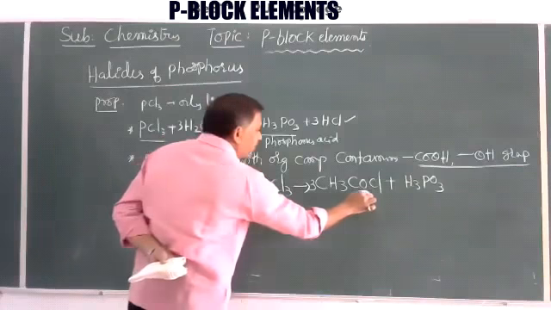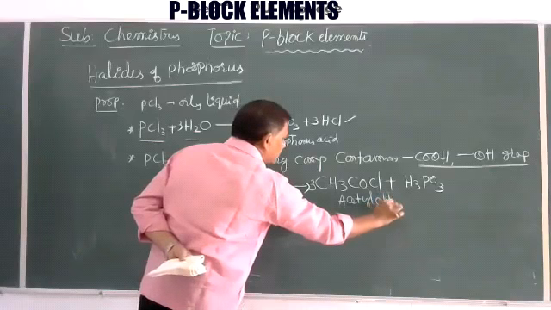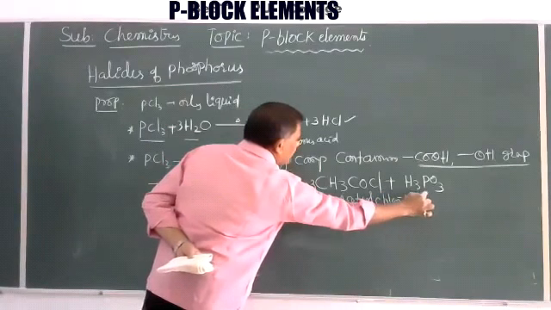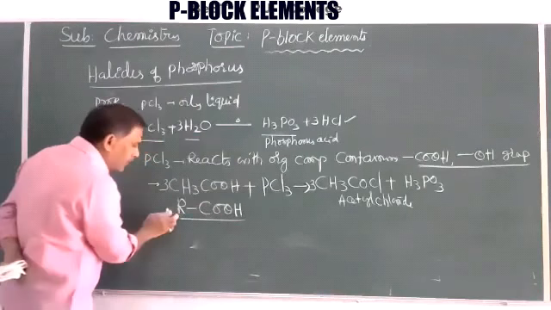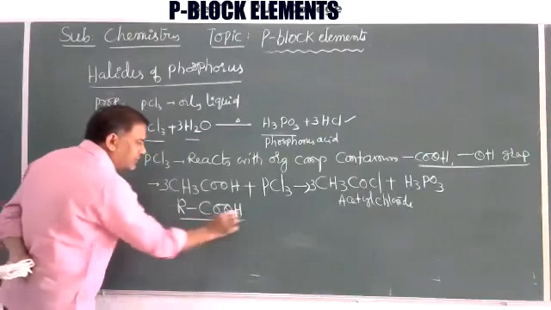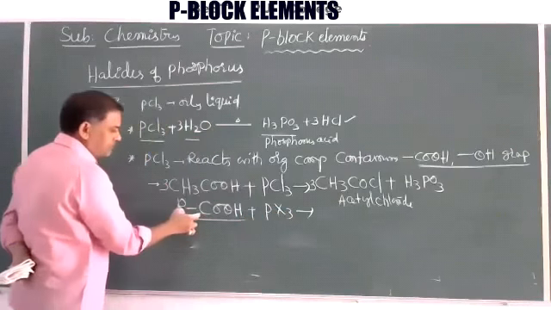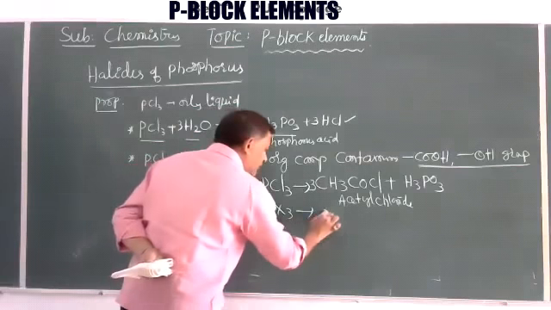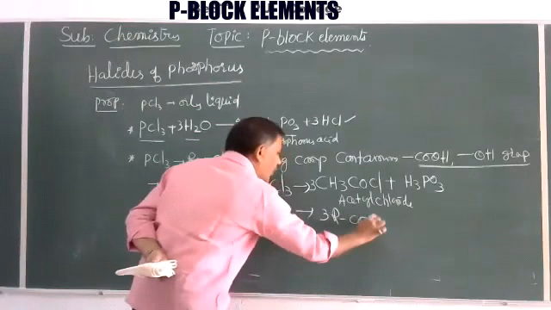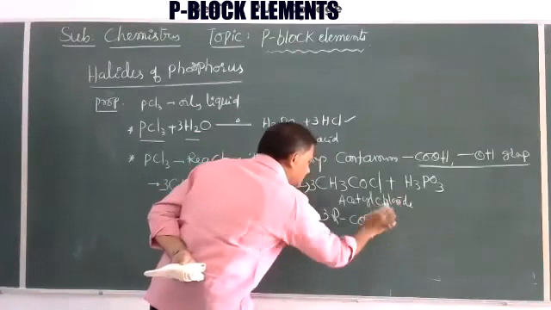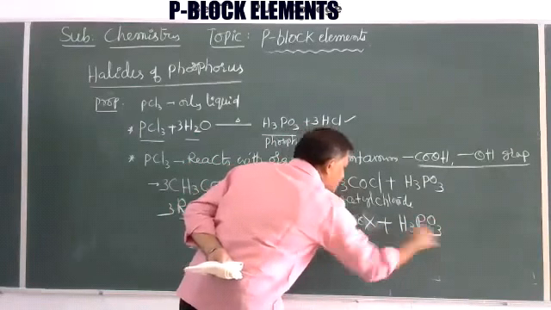It is called acetyl chloride. Now it is a phosphorus acid. Similarly, a common example for this we can write here. PX3 is reacted with carboxylic acids. It gives 3 moles of R bond COX plus H3PO3 is formed.